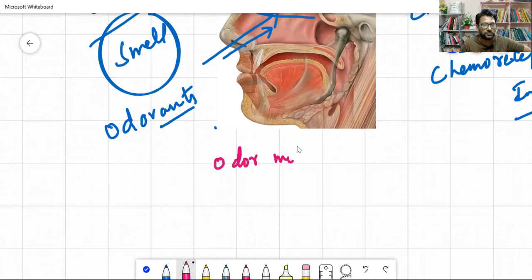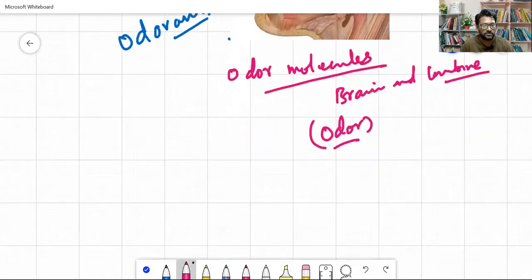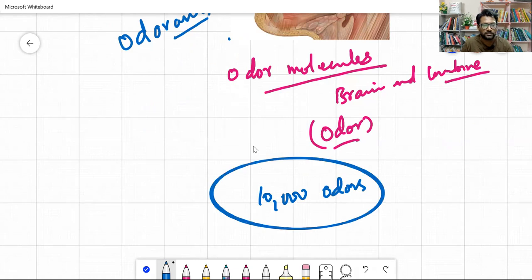Odor molecules are sent to various parts of the olfactory system in the brain, and these all combine to form a representation of an odor, a smell. Humans can actually differentiate between 10,000 different odors. So this is our capability.